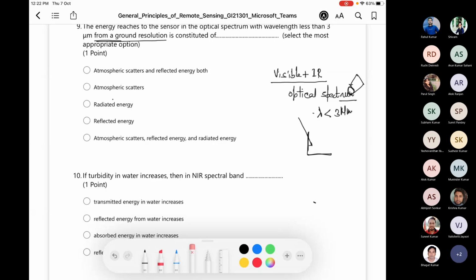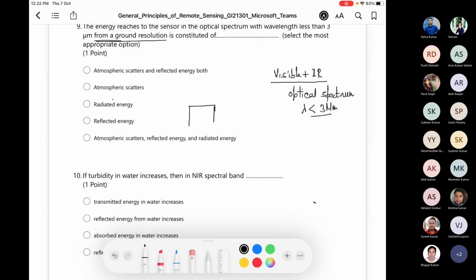Let me redraw this again. Less than 3 micrometer.